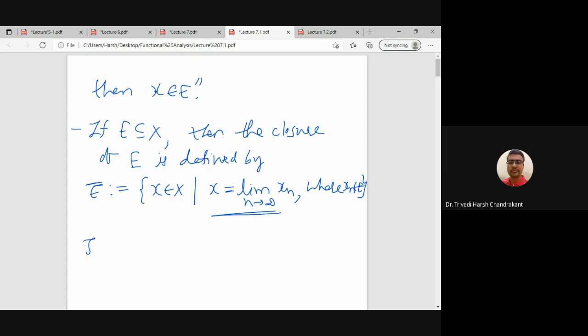If E is equal to E closure, then E is closed.